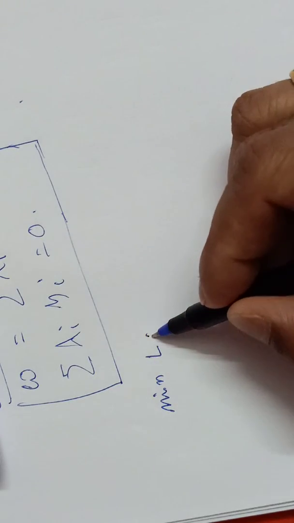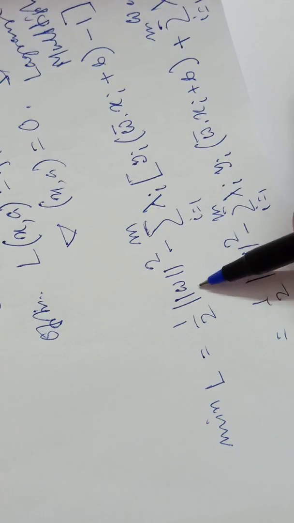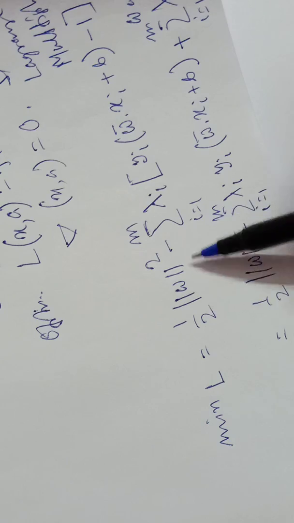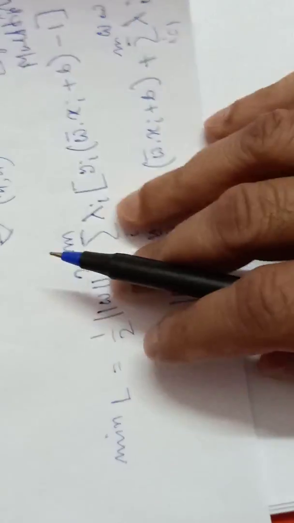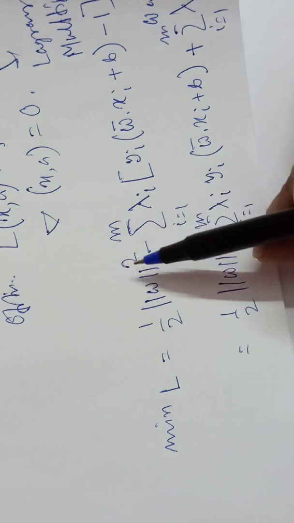Okay, so then what we will get, the minimum L is equal to half. See here again, norm w square means w into w transpose. So actually we are multiplying two vectors, nothing else. Two vectors means one is the ith data, another is the jth data.